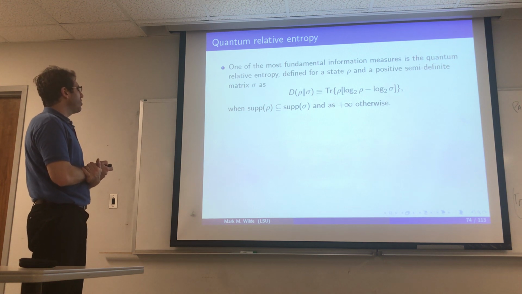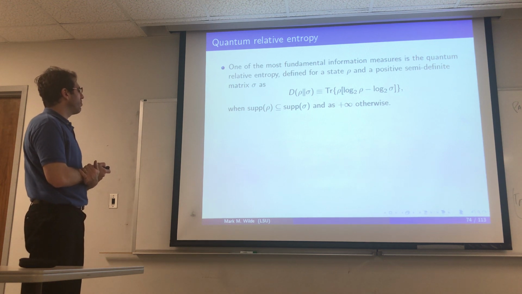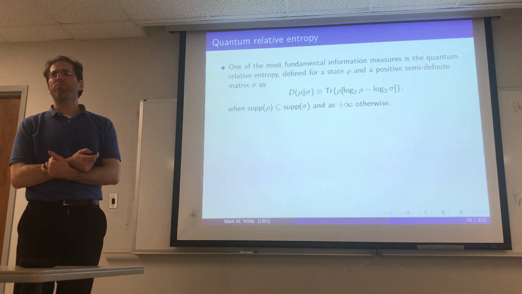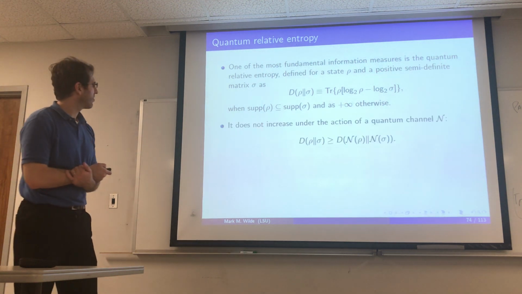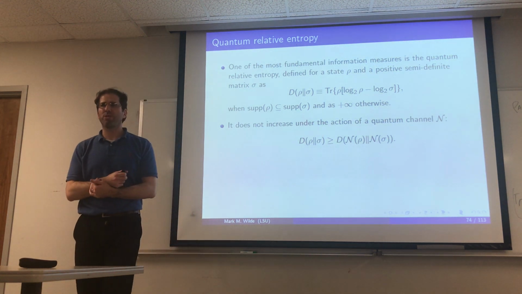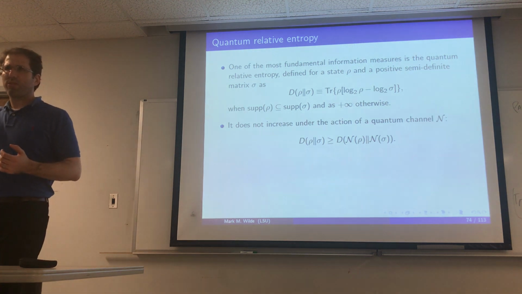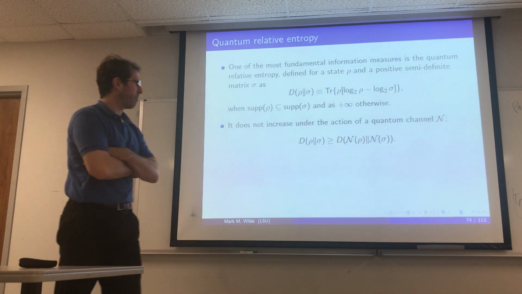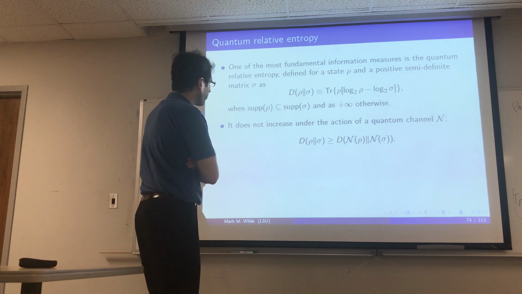And why is this important? Well, you can use it to build other entropy and information measures. And it's a measure of distinguishability. There's actually a physical meaning of this relative entropy in terms of what's called quantum hypothesis testing.